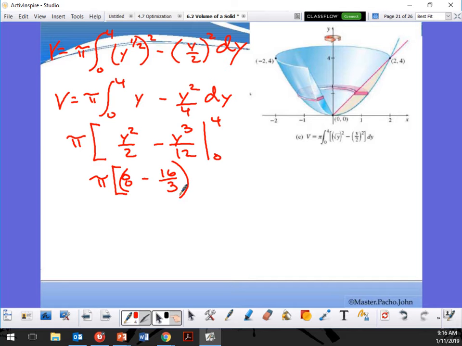And so it's all this minus 0, right? Okay, good. So that's going to be 24 over 3 minus 16 over 3, which gives me 8 pi over 3 units cubed.